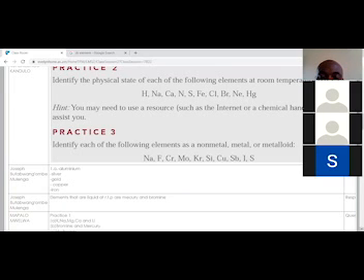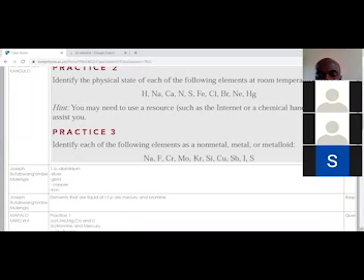As you move across the periodic table, in the period from sodium to chlorine, from left to right, the electronegativity increases, because the elements become more non-metallic.